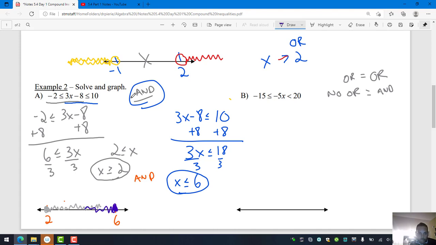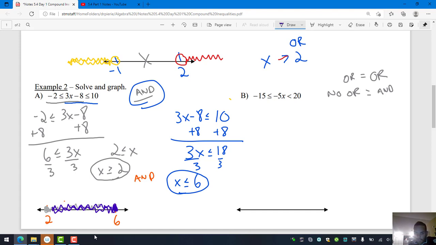And it looks like the sweet spot where the shadings collide is in the space between 2 and 6. Okay, that is the graph of this compound inequality. Any numbers between 2 and 6 satisfy this statement. Okay, let's look at example B here.